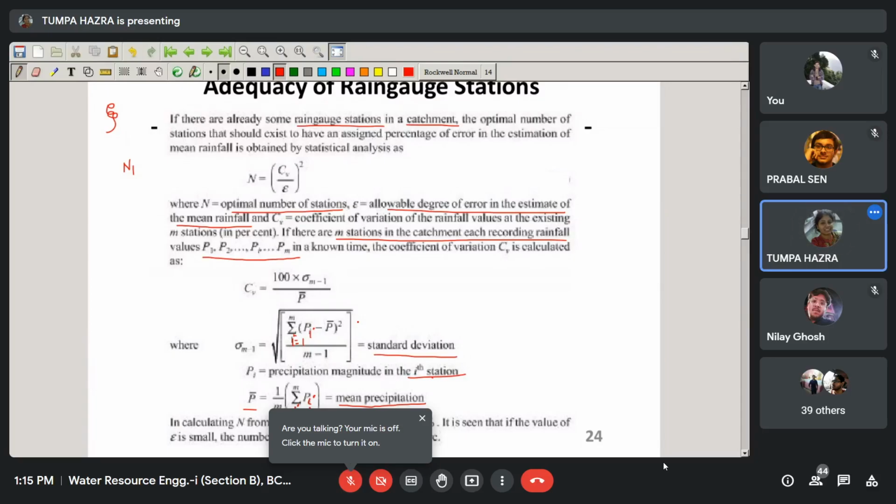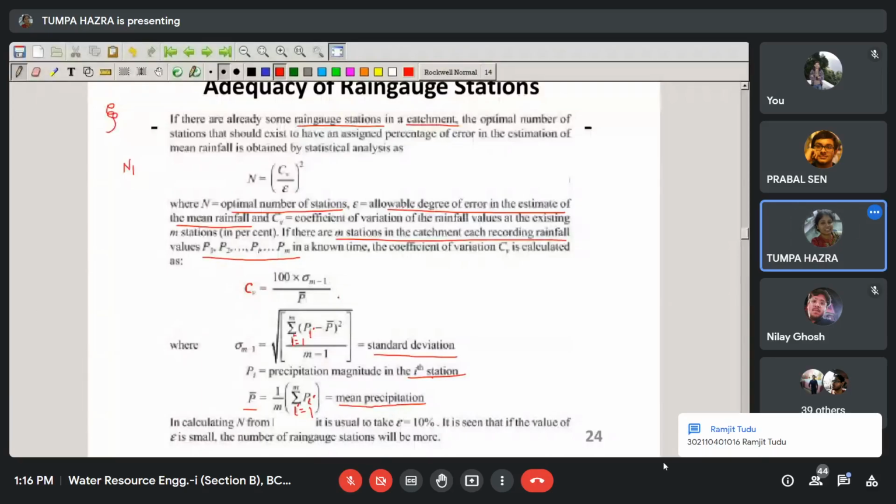After calculating the standard deviation, you can calculate CV, the coefficient of variation, which is equal to 100 into standard deviation by P mean. Then whatever be your acceptable error, maybe it is 10%, N will be (coefficient of variation by epsilon) whole square.